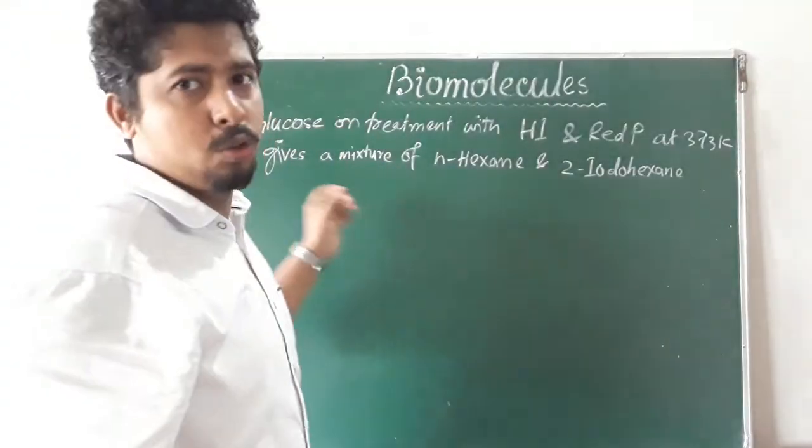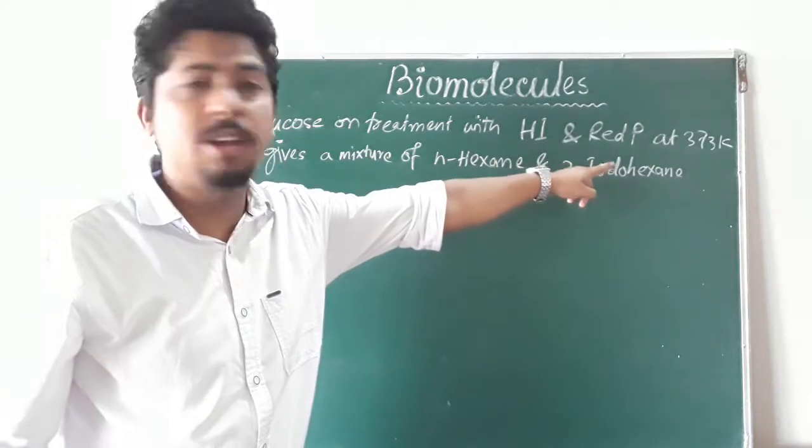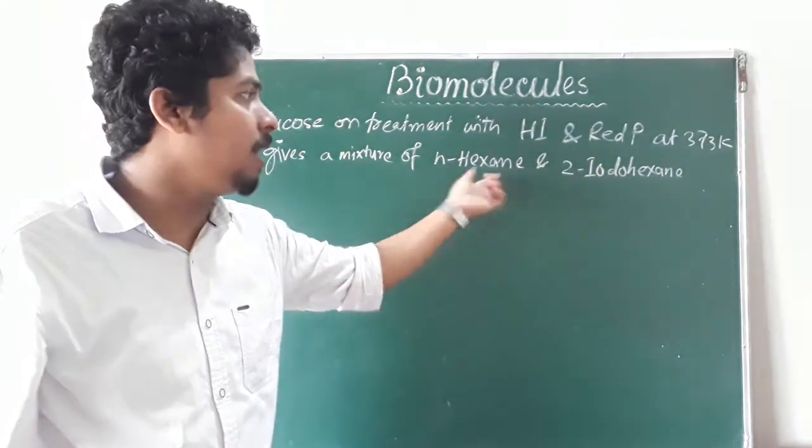Here you see this glucose upon treatment with hydrogen iodide and red phosphorus will convert into N-hexane, straight chain hexane, and 2-iodohexane.